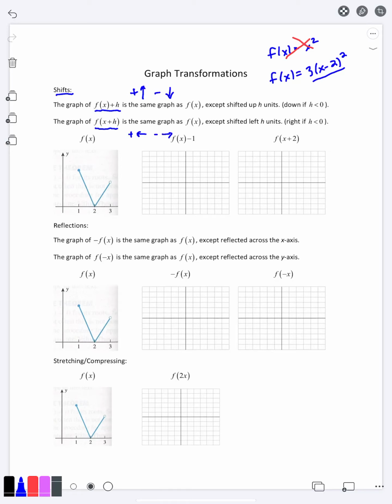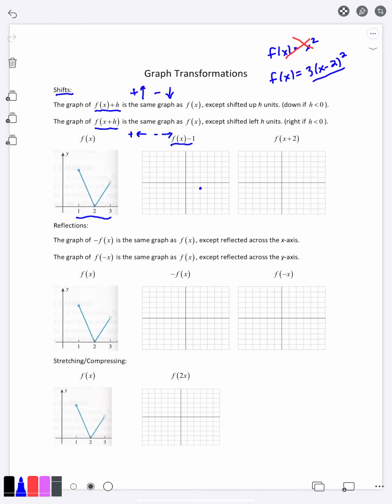So for this first one, instead of giving you a standard formula, I wanted to show how it works generically here. So here's some random graph of some random function. And I want to do f of x minus 1. What that means is you want to take that exact shape, that exact graph, and you want to move everything down by 1. So in the original picture, it was over here at (2, 1).